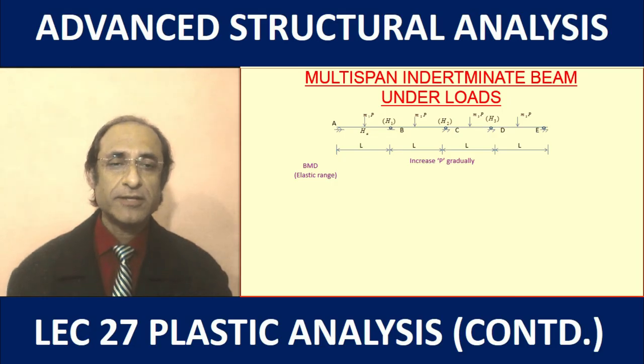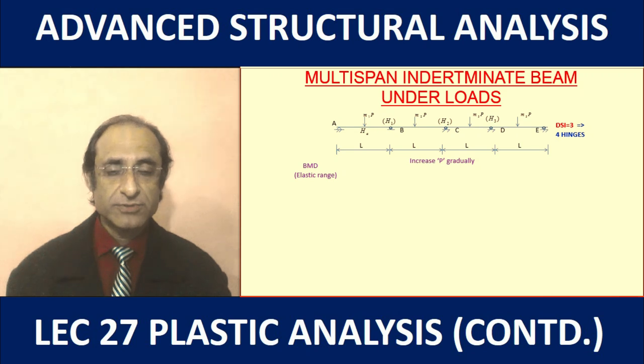Let's increase the load P in a very gradual manner. So this structure has a degree of static indeterminacy equal to 3. That means for the mechanism to form, 4 hinges are required. But right now we have no idea where the hinges will be formed.